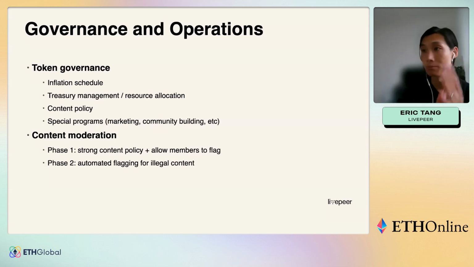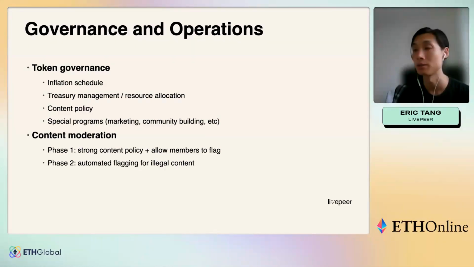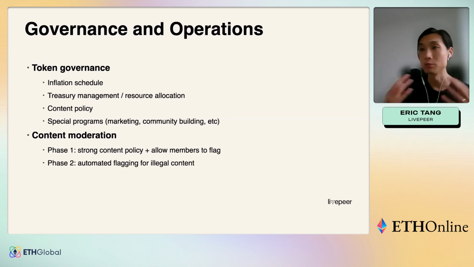And special programs, things like marketing, things like community building, incentives programs, right? I want to especially call out content moderation, especially for video streaming platforms, because it's oftentimes a really tough problem to address, right?